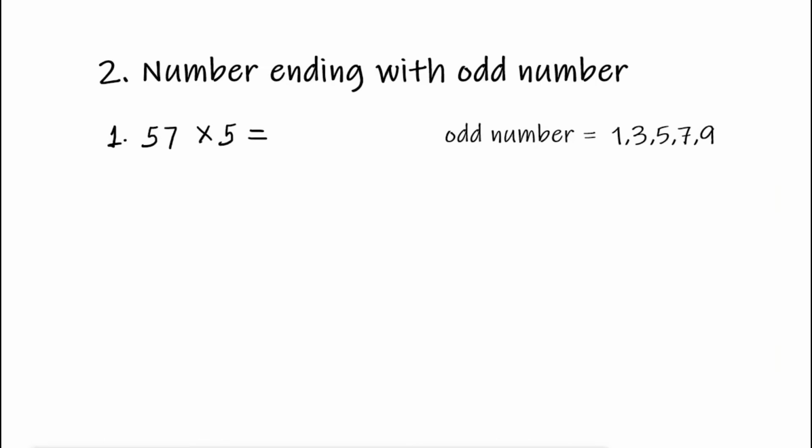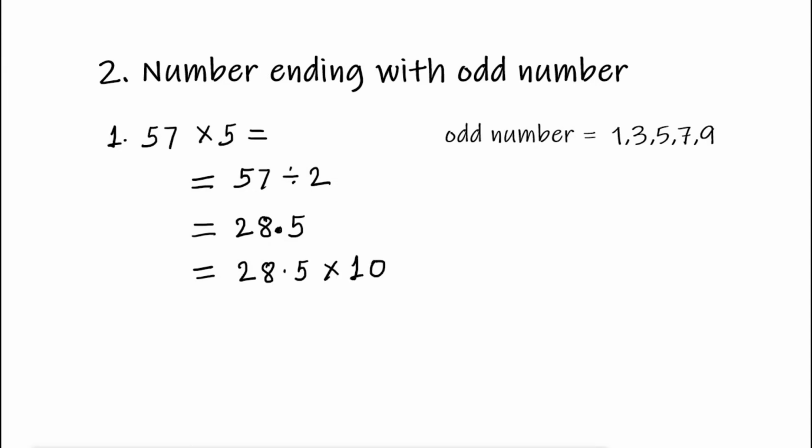The first step is to divide the number by 2, and the second step is to multiply by 10. 57 divided by 2 is 28.5. Now the second step: multiply this answer by 10. 28.5 multiplied by 10 is 285. This is the final answer.